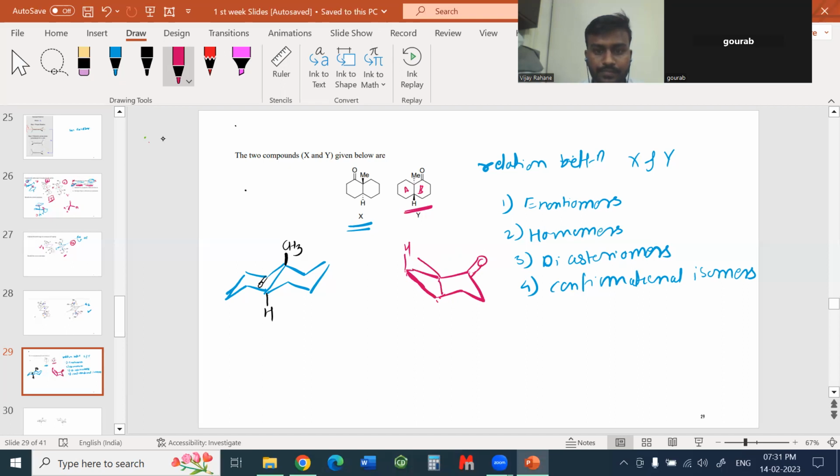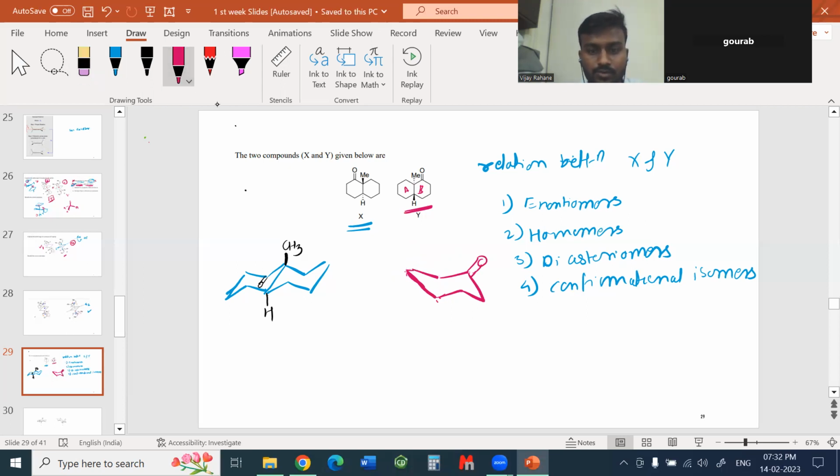And here will be another ring. The hydrogen is on the upper side. I will draw this ring a little bigger.